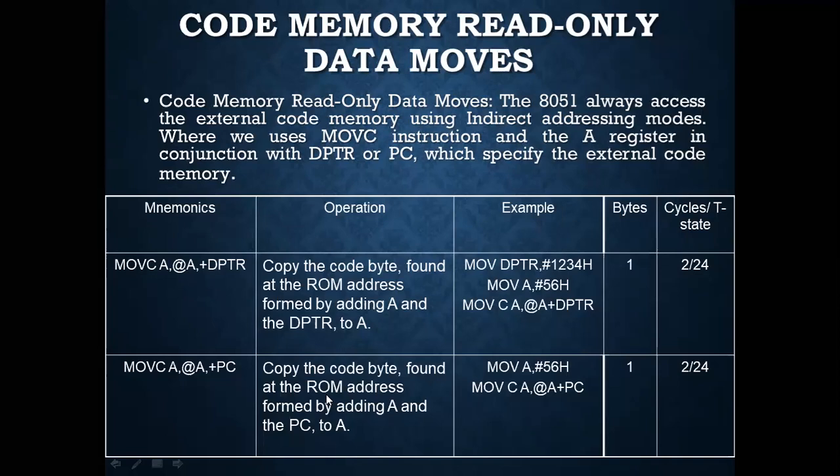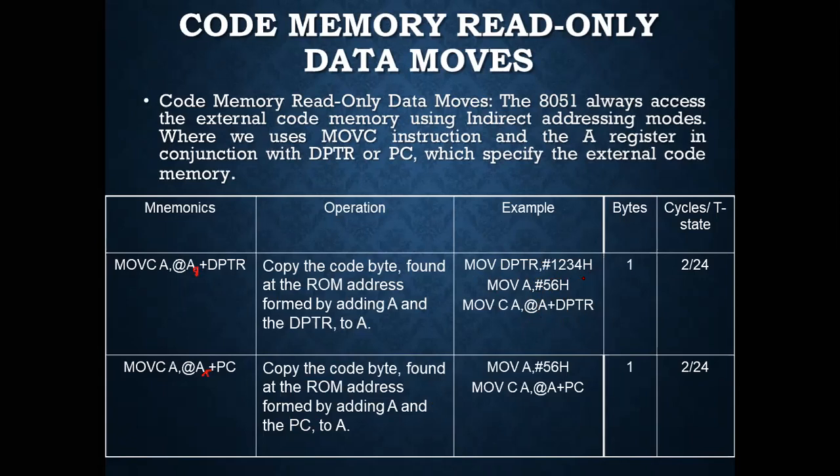Here you can see MOVC A, @A+DPTR. After A, the comma is given, so that will not be there. So MOVC A, @A+DPTR. For example, MOV DPTR, #1234H, MOV A, #56H.